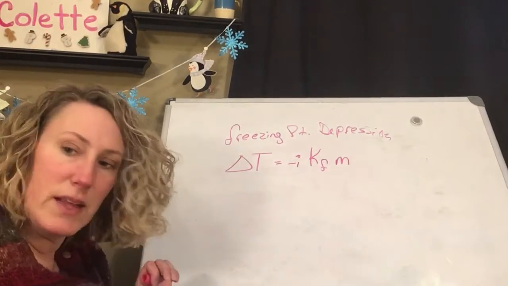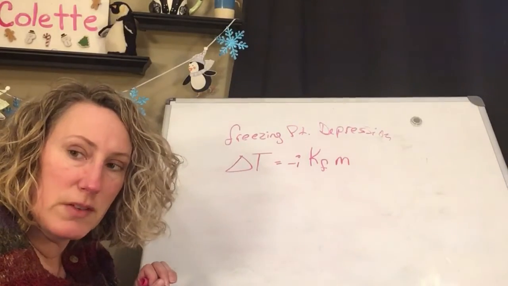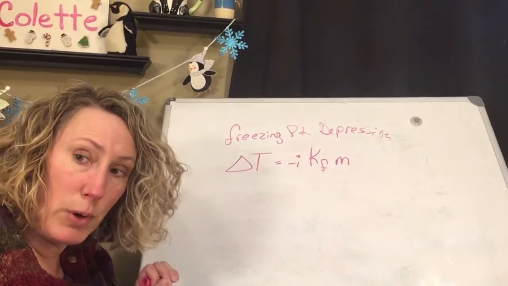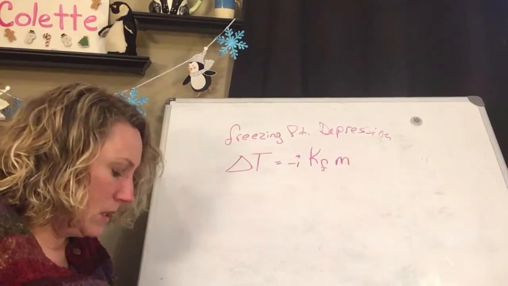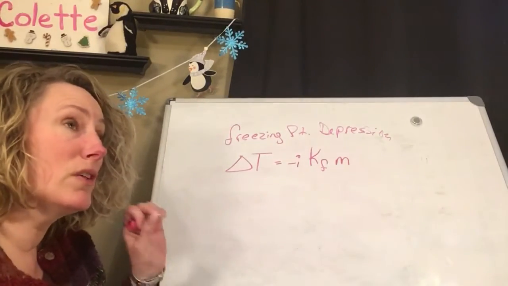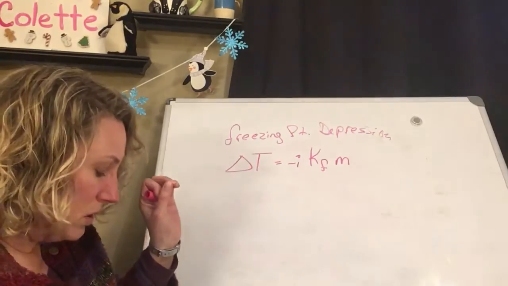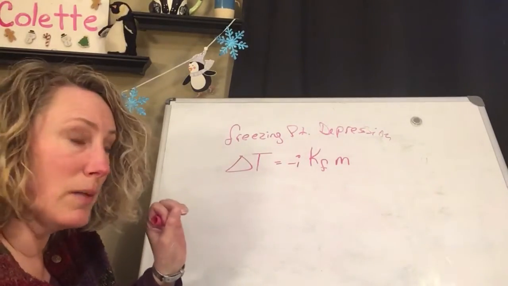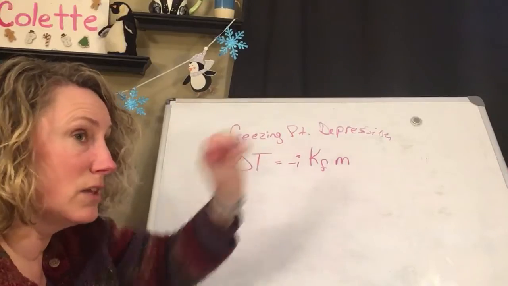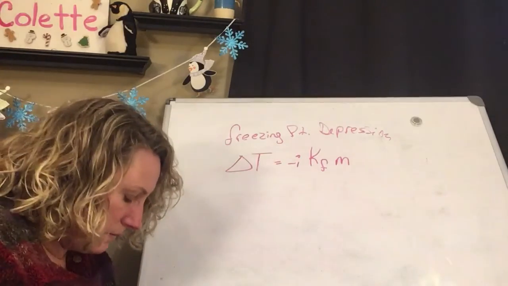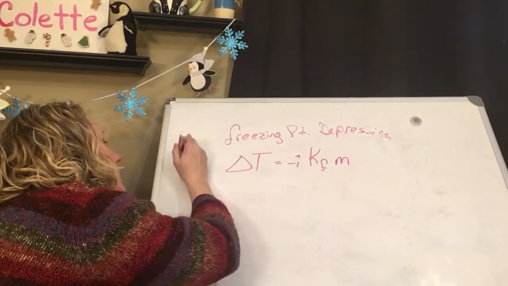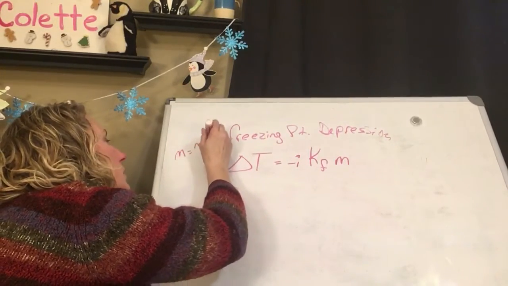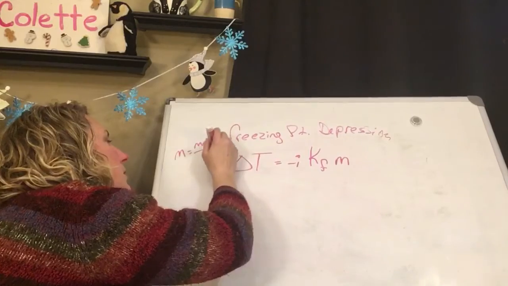So that's your moles of solute over kilograms of solvent. I said that wrong at first. So it's your solid over your liquid. Remember, small m is moles over kilograms.